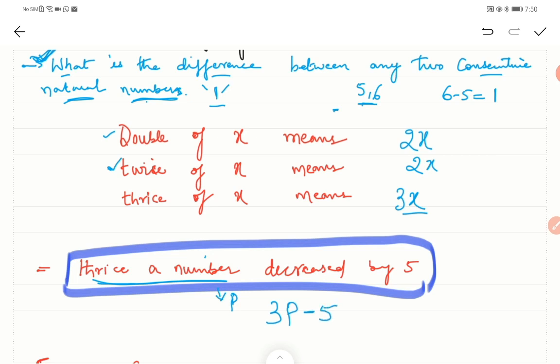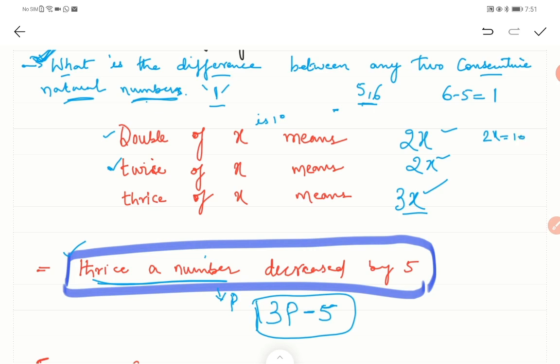Decrease means you are subtracting 5 from it. So this is the expression you will get from this statement: thrice a number decreased by 5. These are all called expressions. So if you have an equal to sign, if it is given double of x is 10, then I'll take it as 2x is equal to 10.